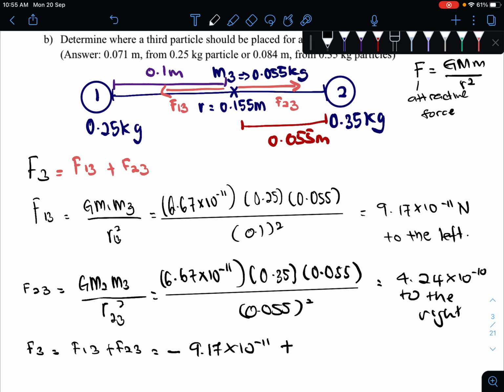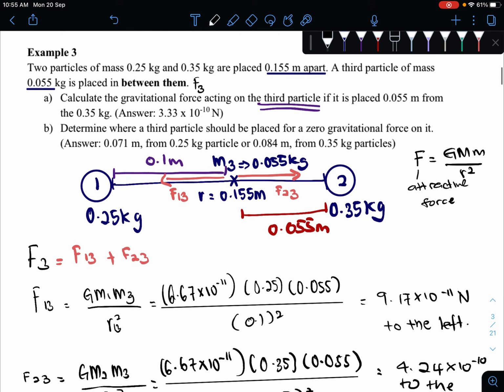Negative 9.17 times 10 to the power negative 11, plus with object F23, force F23 is to the right, 4.24 times 10 to the power negative 10. So now you tinggal tekan calculator sahaja. You should get 3.32 times 10 to the power negative 10 Newton.